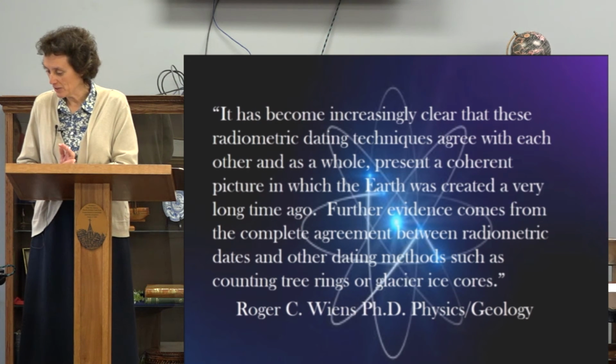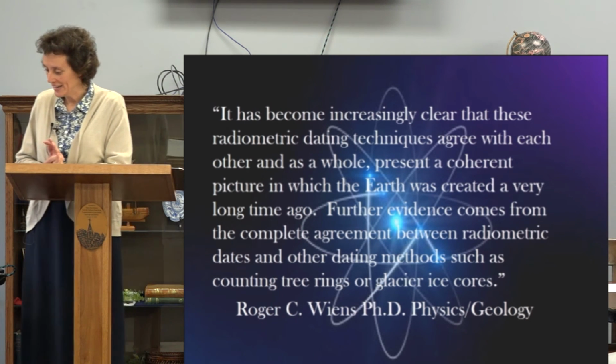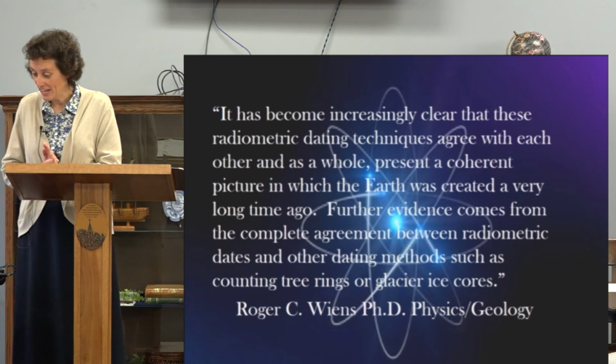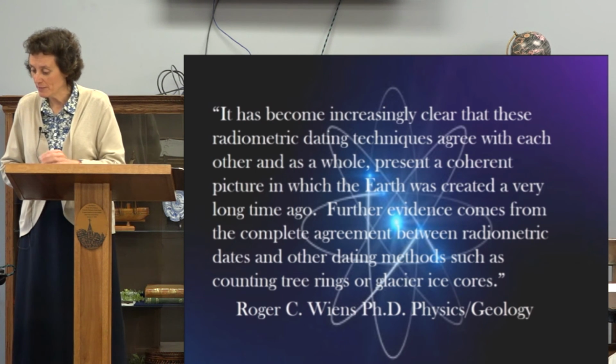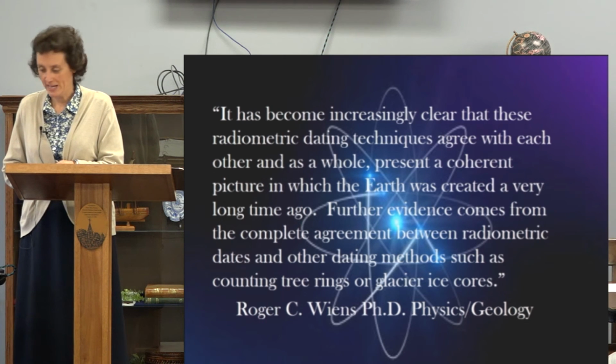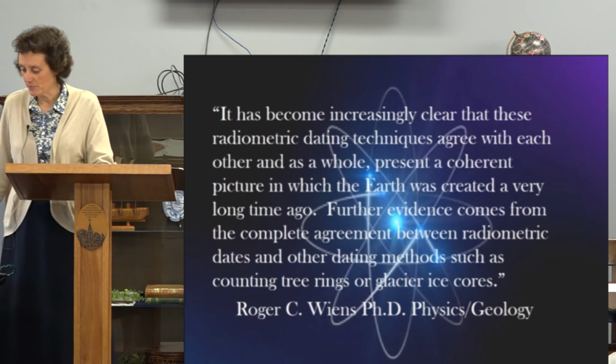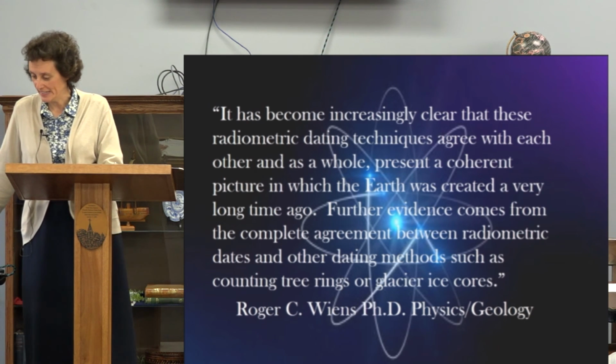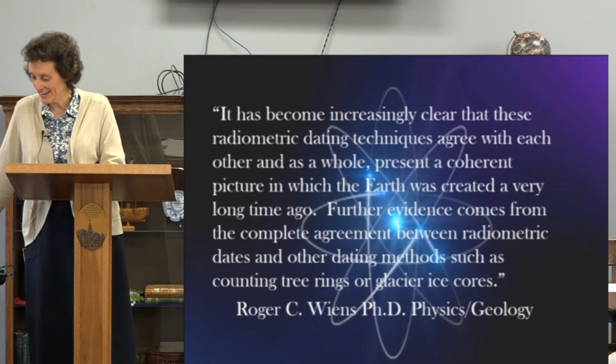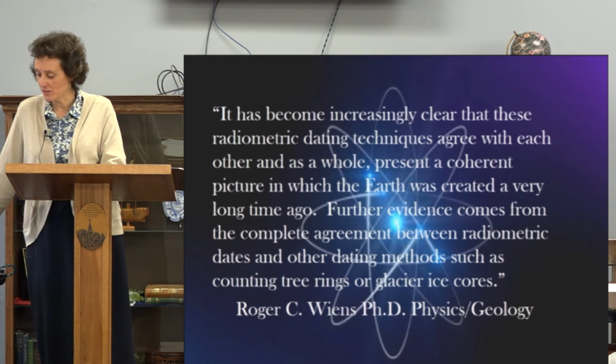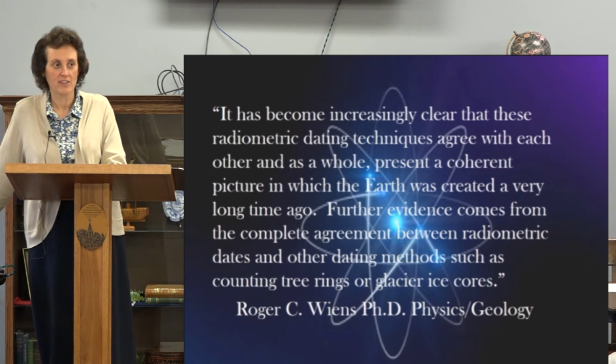It's become increasingly clear that these radiometric dating techniques agree with each other and as a whole present a coherent picture in which the Earth was created a very long time ago. Further evidence comes from the complete agreement between radiometric dates and other dating methods such as counting tree rings or glacier ice cores.